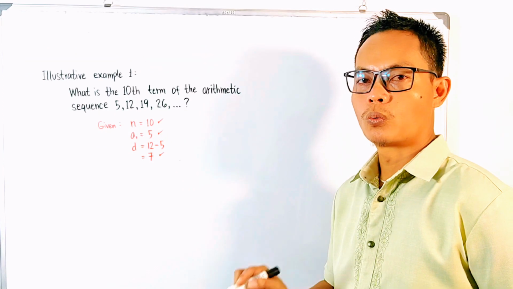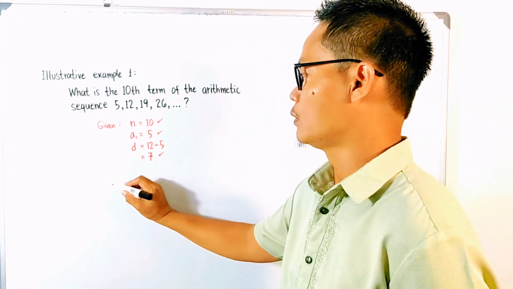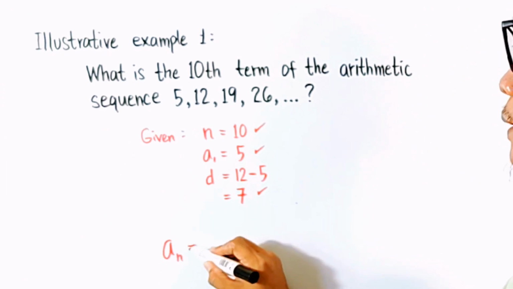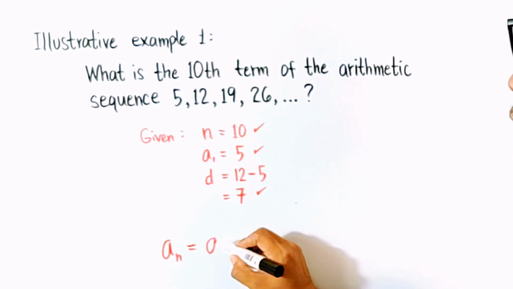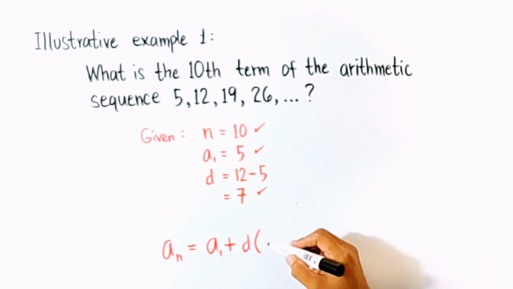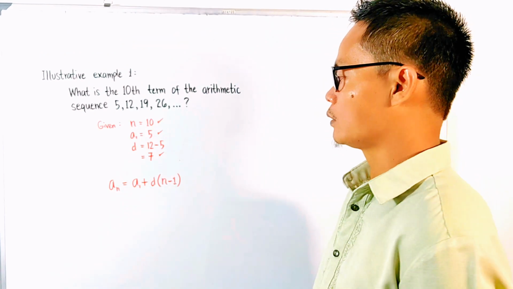This time, we need to apply the formula or the notation of the arithmetic sequence: a sub n is equal to a sub 1 plus common difference multiplied by n minus 1. All you have to do is just substitute the values.